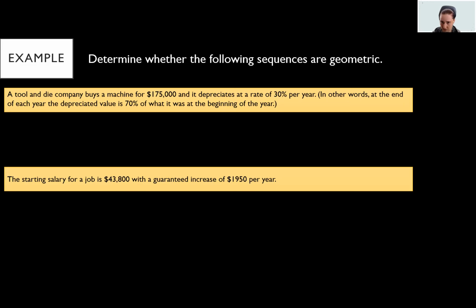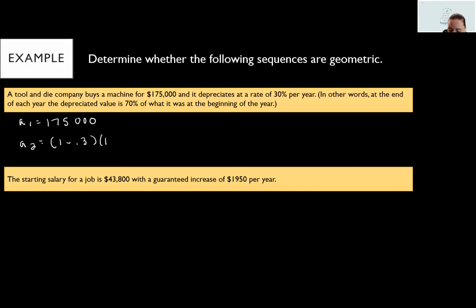So if our first term is going to be 175, to get the second term, we're losing 30%. So that would be subtracting 0.3 away from 1.